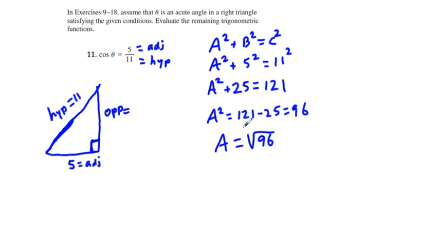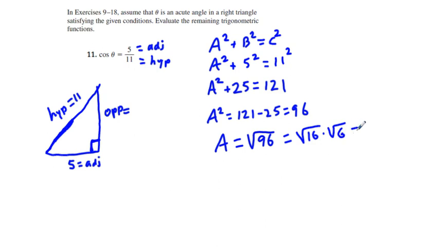Now, to simplify 96, we can rewrite square root of 96 as square root of 16 times square root of 6.